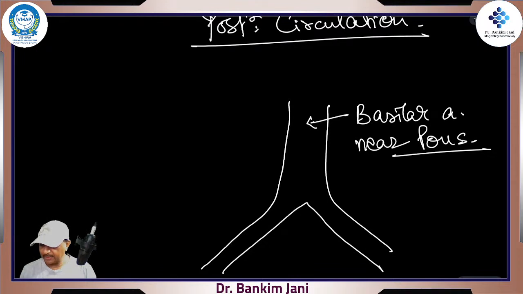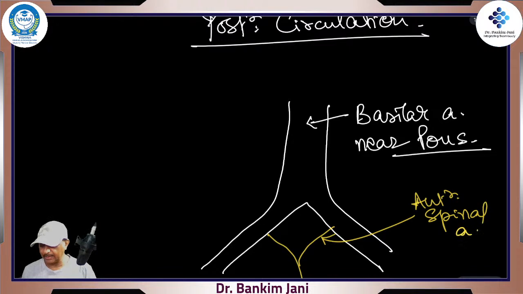And over here, it leads to the formation of the anterior spinal artery, right? This one and this one is the vertebral, and this we said is the basilar. It is giving one branch.